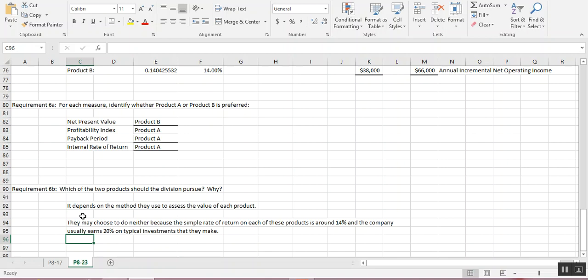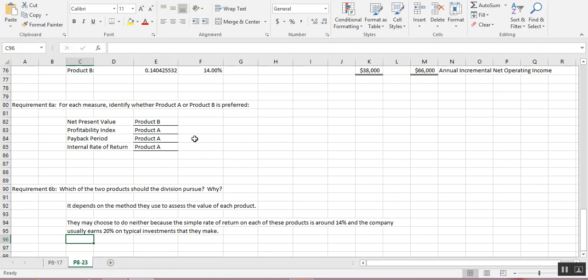So requirement B, you can kind of see what I did. Your answers may be different because I looked at requirement 6A just to answer 6B, but my 6A answers were dependent on the numbers I used. So yours may be different, but as a rule of thumb, with net present value you want the product with the biggest present value. With profitability index, you want the one with the highest profitability index.